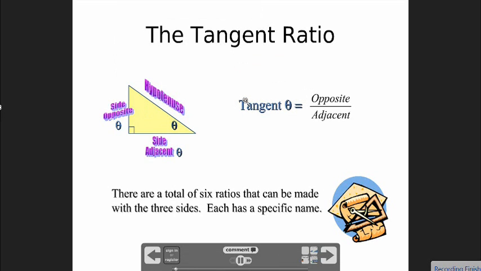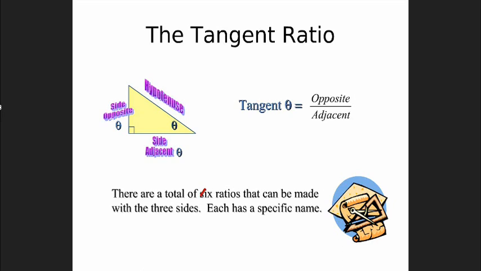Now, as it says here, there are a total of 6 ratios that we can have, but we only talked about 3. So I'm going to take this out, and I'm going to replace it with 3.